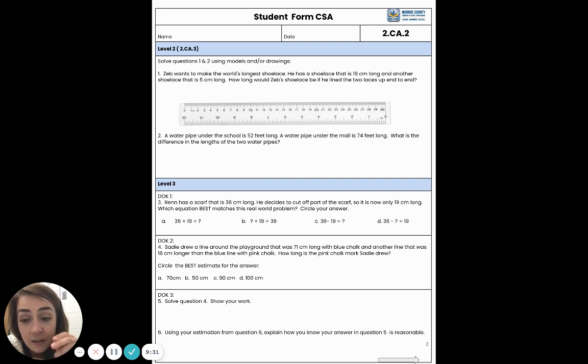And this line that she's drawing is 18 centimeters longer than the blue line. How long is the pink chalk mark Sadie drew? All right, so she had it. The first one was 71. The second one is 18 centimeters longer than the first one. So it says circle the best estimate for the answer.